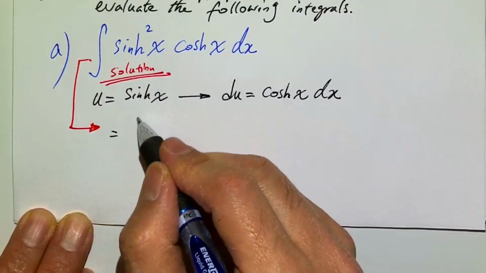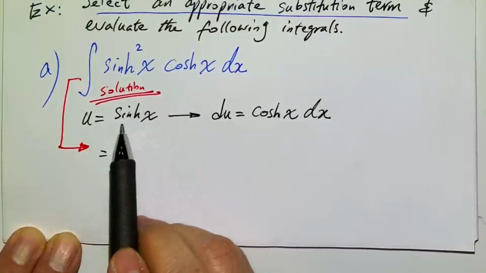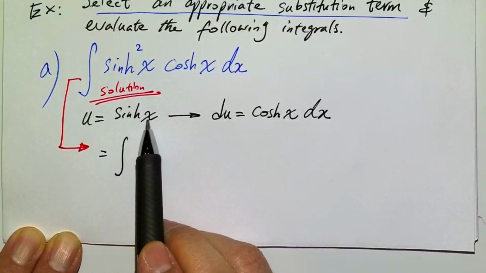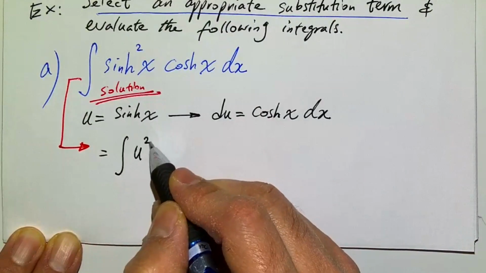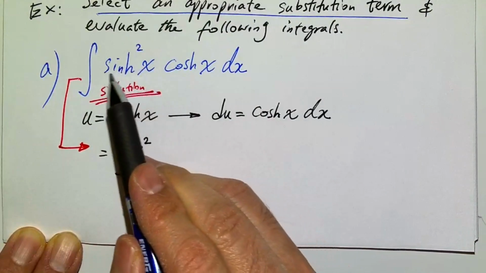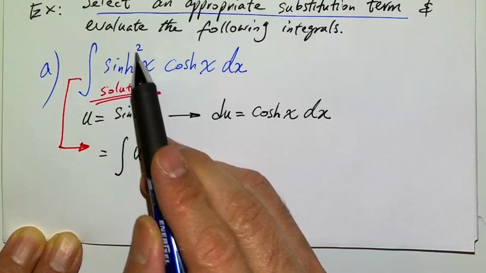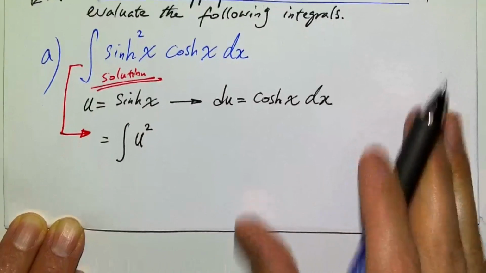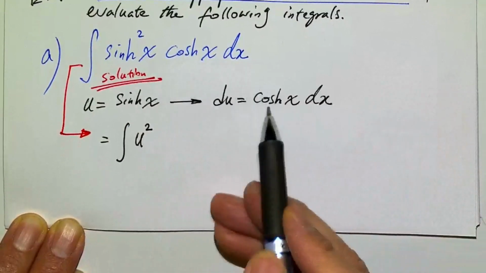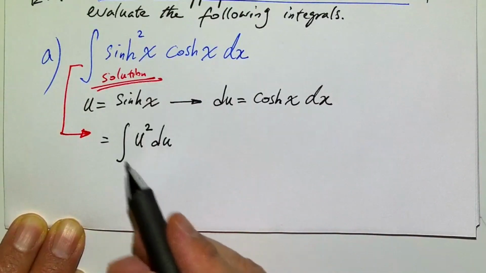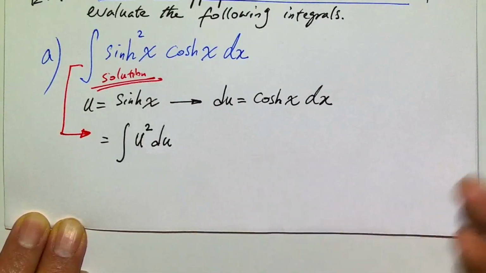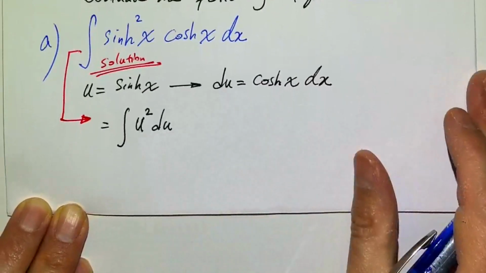So then we have the integral of, we took hyperbolic sine x as u, so we have u squared, right? Because that's hyperbolic sine x squared. So u squared, and all of that is du. Now look at this. It doesn't get any easier than this for us to integrate.